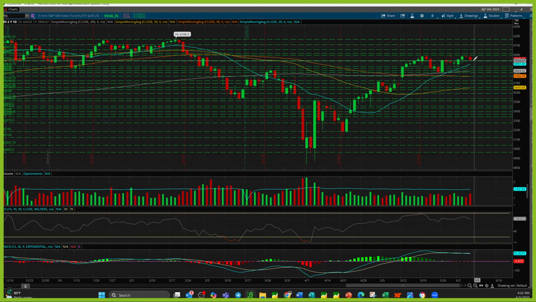If we get under this, let's say we sell off the last 30 minutes and it comes down, the 20-day moving average is going to be a solid support. So I would expect maybe it would pull back to this, like we did here and here, and then make another run back up. That's what I'm thinking could possibly happen.